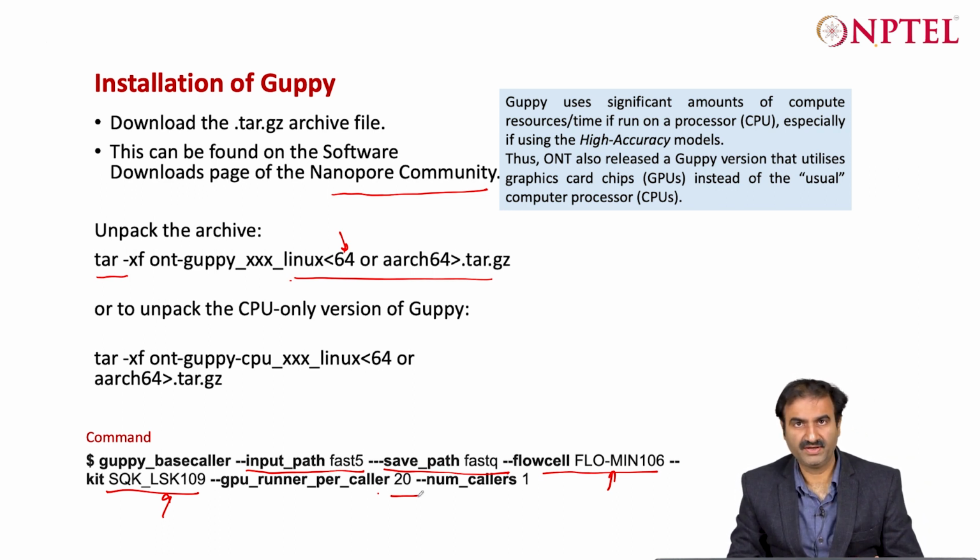You may have a GPU which can support multiple threads, so you can specify how many threads to use, and that can really increase the calling rate and decrease the total time consumed. Otherwise it may take 2-3 days or even more if you don't use a GPU.